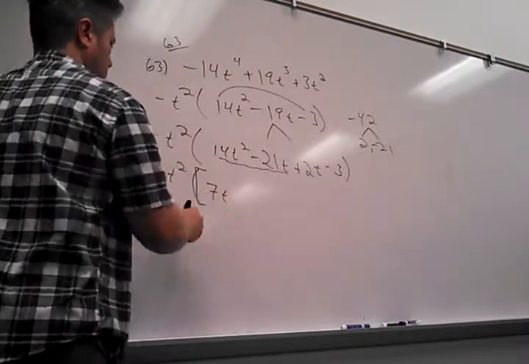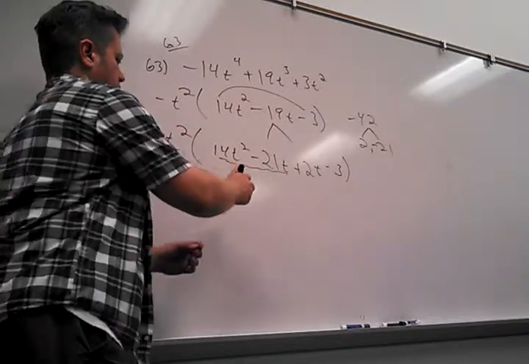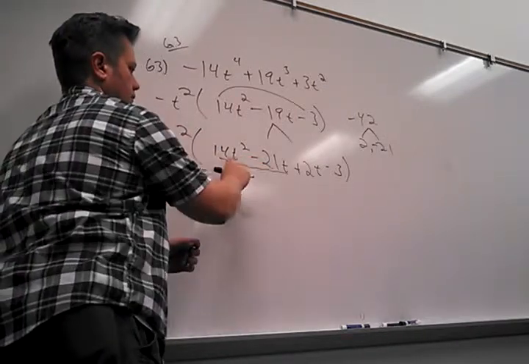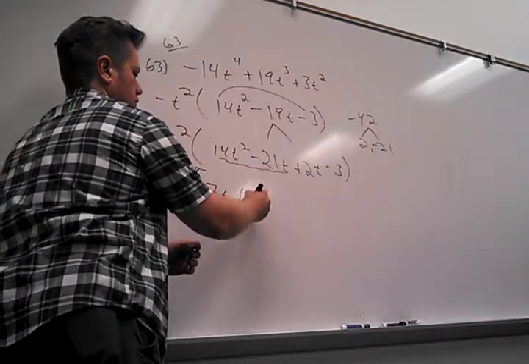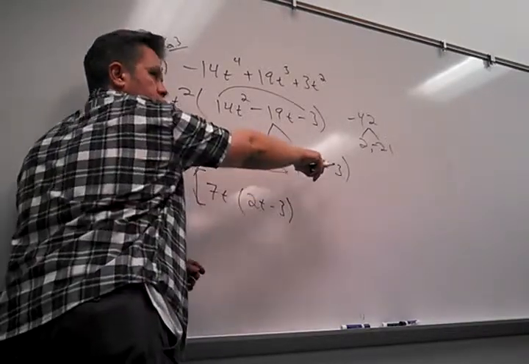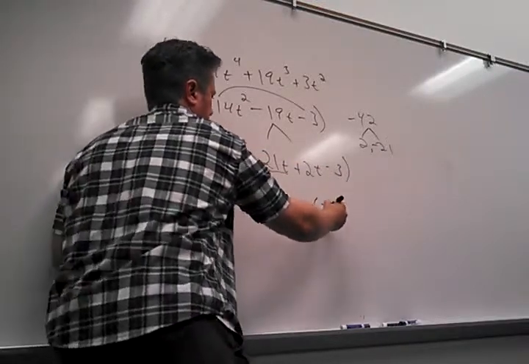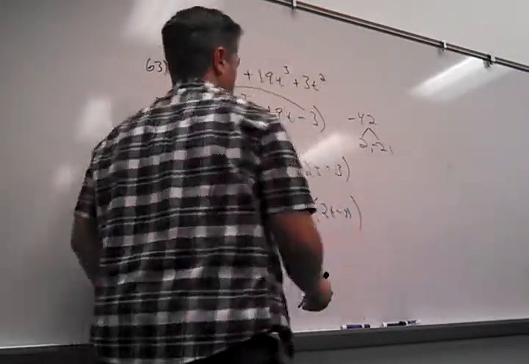You can make the bracket if you want to. 7t comes out. 2t minus 3. Thank goodness. What comes out of there? 1. Oops.